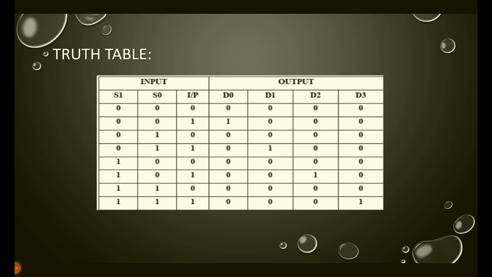When you give input for S1, you get output as 0. When you give input for S1 and input, you get output for D2. When you give input for S1 and S0, you get output value as 0 for all the 4 values. When you give input for S1, S0 and input, you get output value for D3.